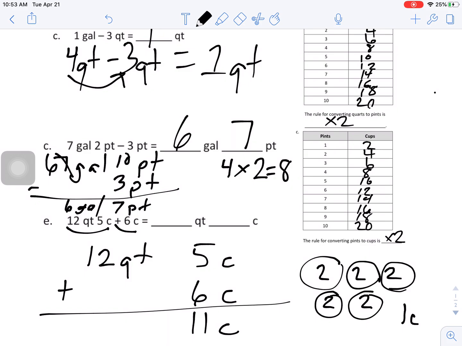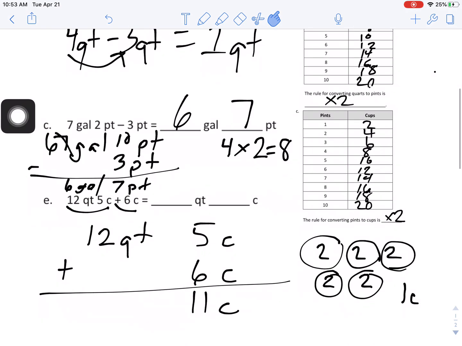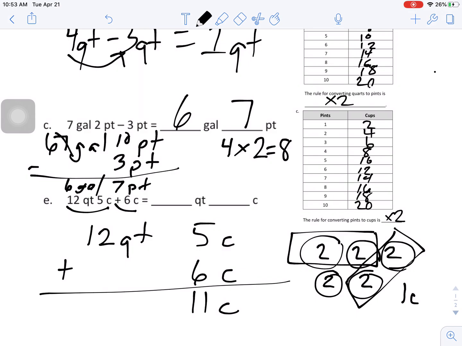But these are pints, and I need to get them to quarts. So now I need to find out how many pints are in a quart. Here, 2 pints are in 1 quart. Let's go back down to my picture, and I'm going to put these 2 pints in a quart, these 2 pints in a quart. Uh-oh, can I put this into a quart? I can't, so I'm going to have to leave them cups, because my answer doesn't have any pints. So I'm going to take away the pint, and I'm going to leave it 2 cups.